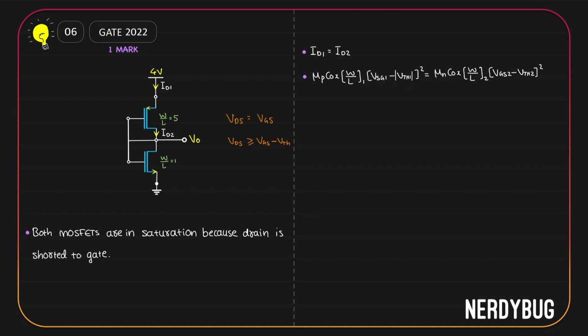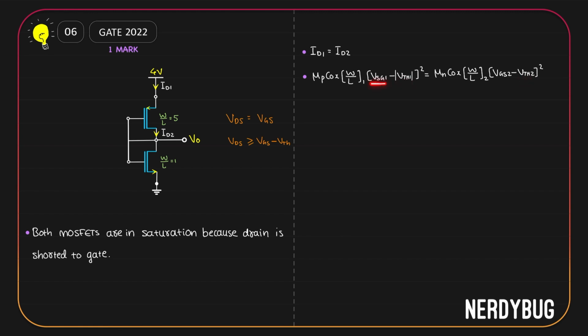This will be equal to mu n Cox W by L2 VGS2 minus VTH2 whole square. We have all the values required. Mu P and mu n are given in the question. It is also given that Cox is the same for both of the MOSFETs. W by L for the first one is 5. For the second one, it is 1. Magnitude of VTH is 1 for both of them.